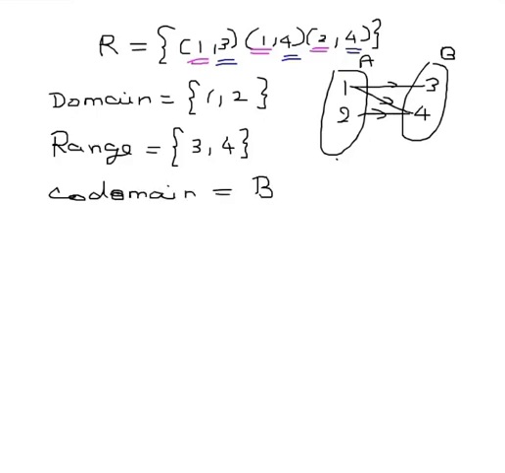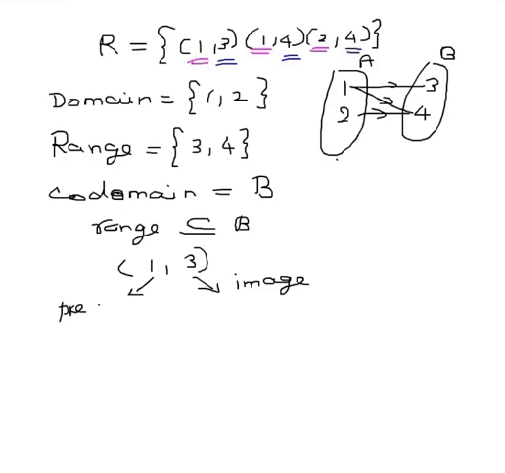Codomain is the second set itself. This is called the codomain. If you notice, range will be a subset of the codomain. It may be equal to the codomain also. If I consider the element (1, 3), this 3 is called the image of element 1 and 1 is called the pre-image.